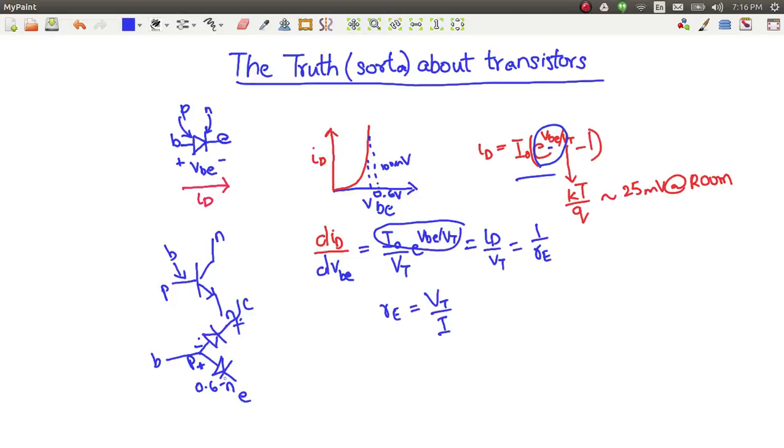This will be 0.6 or 0.7 volts. This doesn't need to be that high. In fact, some transistors will work all the way down to this voltage being even 0.4 volt. It's okay, but it's best to basically keep this at least about 0.6 volts.